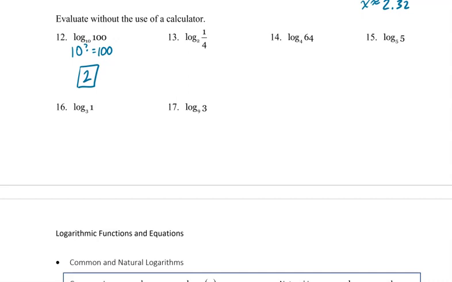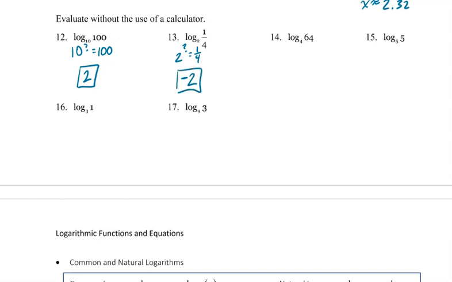All right, so number 13. This is asking 2 to what power equals 1/4. So remember, we see a fraction. That gives us a hint that it's going to be a negative because we flipped it. And then 2 squared is 4.